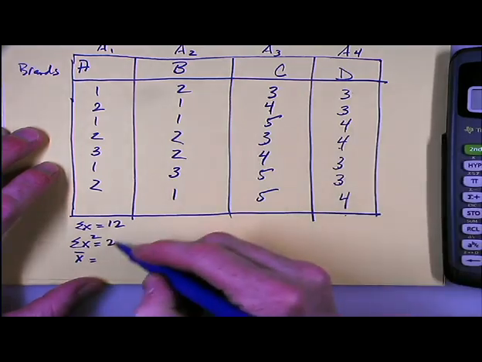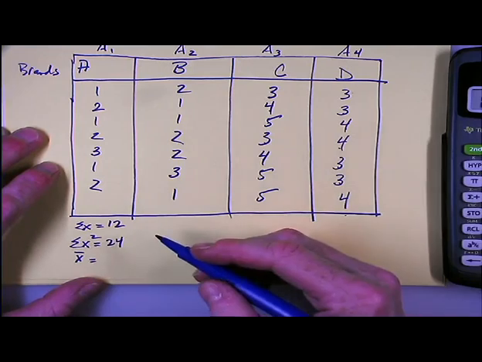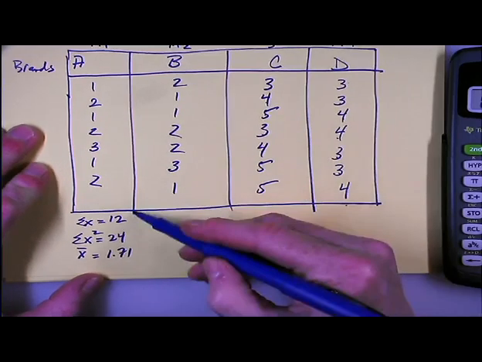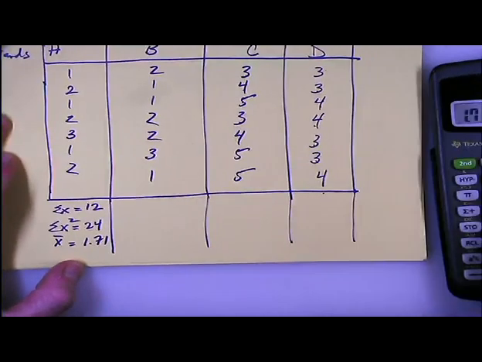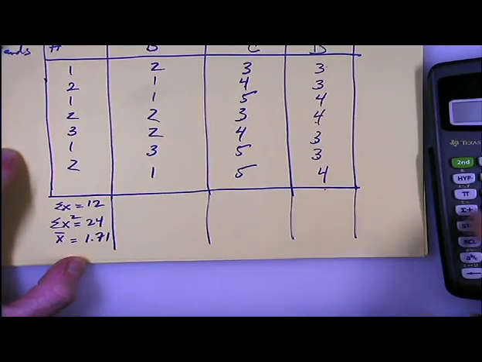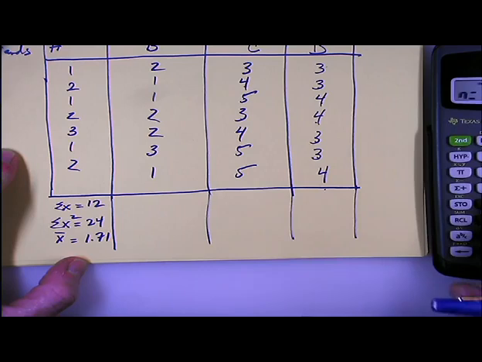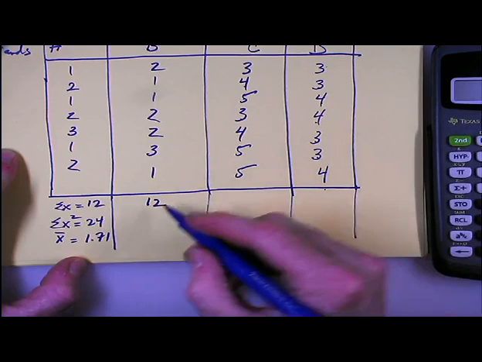I got 24. And I got 1.71. Another 12, another 24.